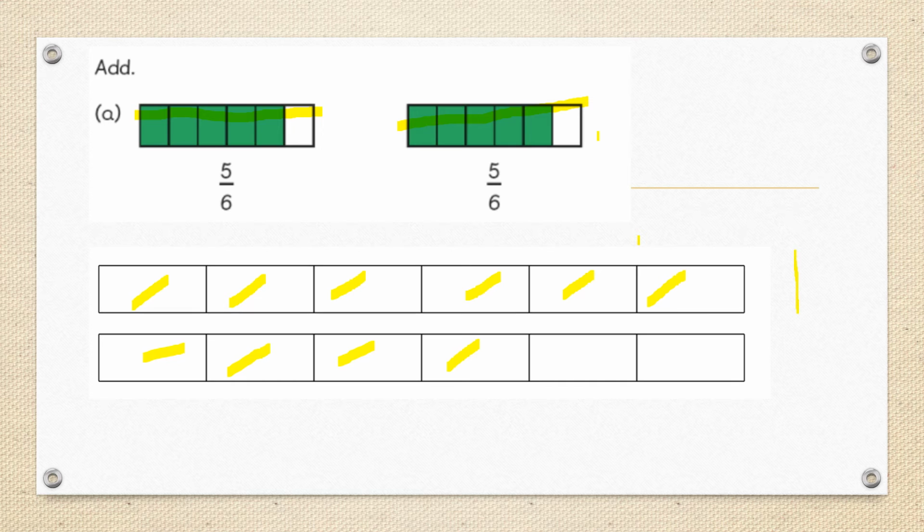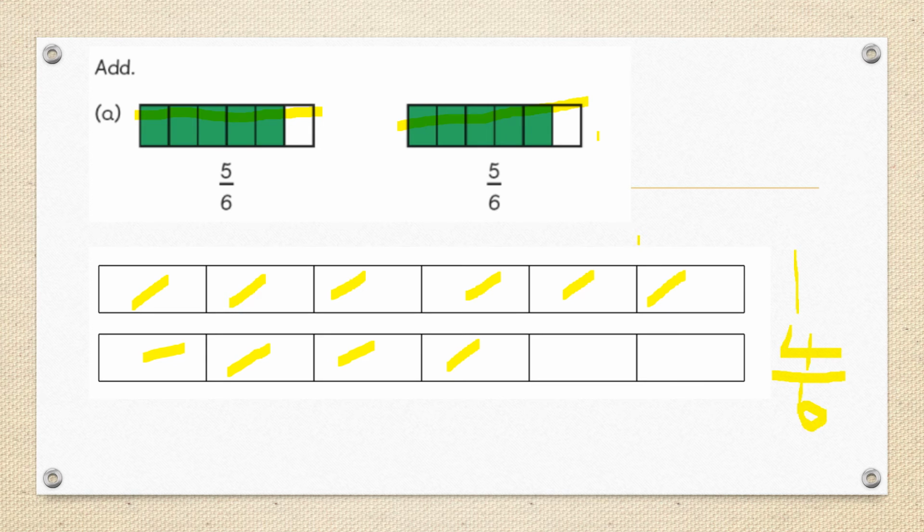And this bar has how many sixths filled in? 1, 2, 3, and 4. 4/6. Now, at the beginning we said that we needed to show the fractions in their simplest form. Now 4 and 6 are both multiples of 2.